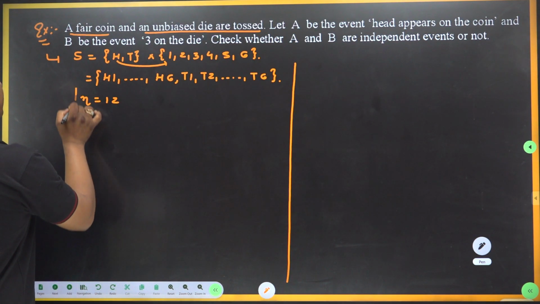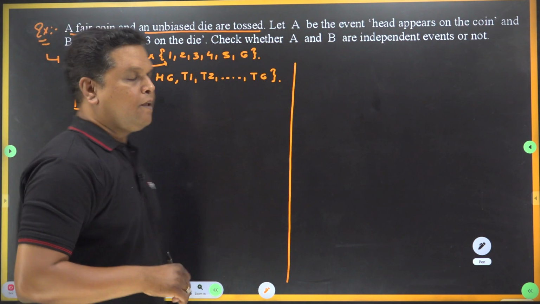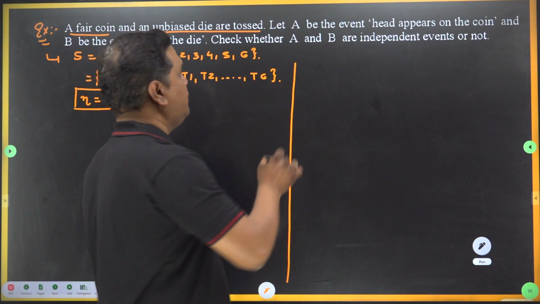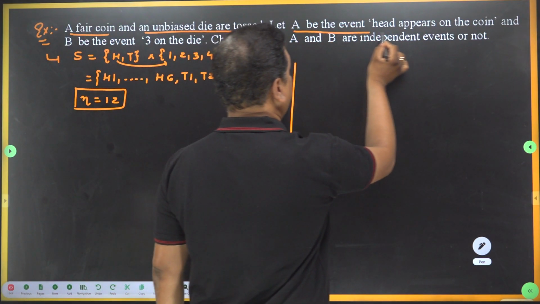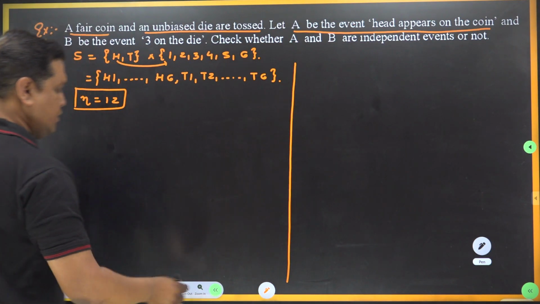n equal to 12. A is what? Head appear on the coin.